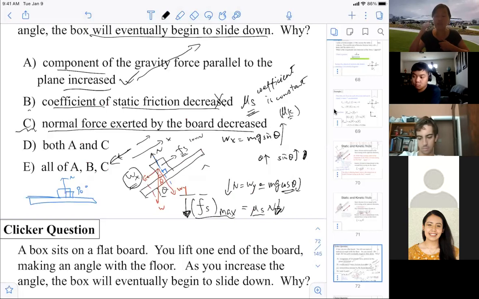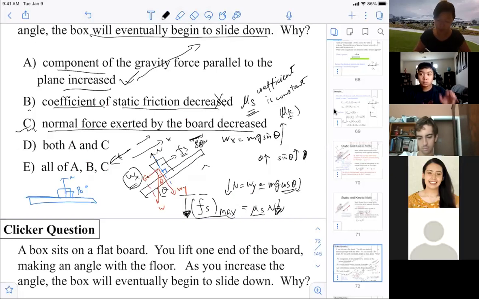As long as the force pointing down is not exceeding 100 newtons, you can balance that. But now the maximum amount of force you can provide is only 80 newtons. So would that make it easier for this object to slide down? Yes. It does, right?